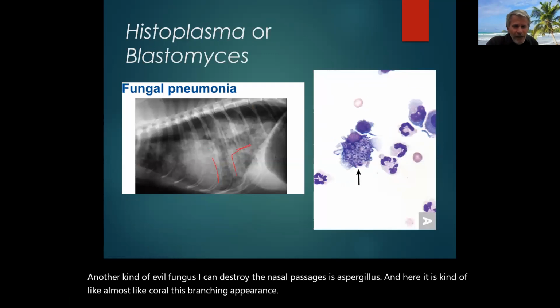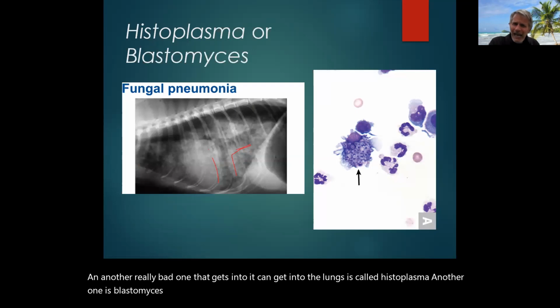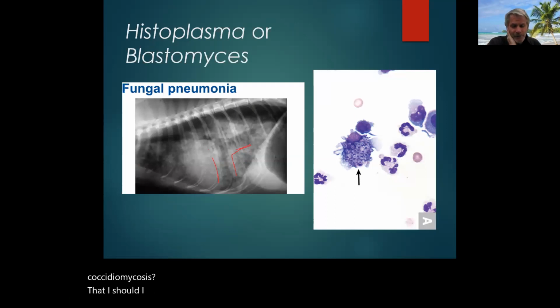And another really bad one can get into the lungs. It's called histoplasma. Another one is blastomyces. We don't really have those out here in California. We have one called coccidioidomycosis that I should add to the discussion as an option. It's called valley fever.